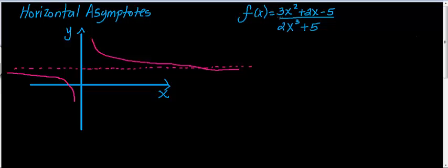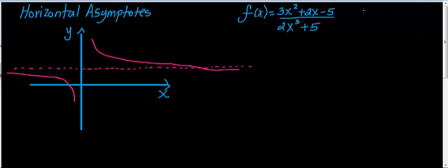If I think about a very large value, let's say x is 1 million, and I square it, that's a very big number, and then I multiply that by 3. That number is so big in comparison to these two that these are practically non-existent.